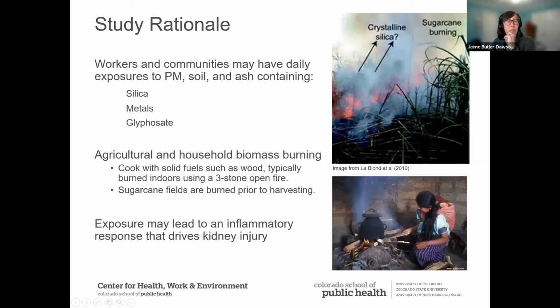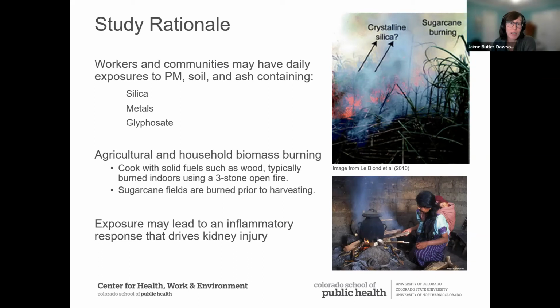So the rationale for our studies are that our study population is sugarcane cutters. And these sugarcane fields are burned prior to harvesting the cane. So the cutters come in and they manually cut the sugarcane with a machete, and burning the sugarcane facilitates this cutting with a machete. So these workers and then surrounding communities surrounding the plantation may have daily exposures to high levels of particulate matter, soil, and ash, which contain silica, metals, and glyphosate.